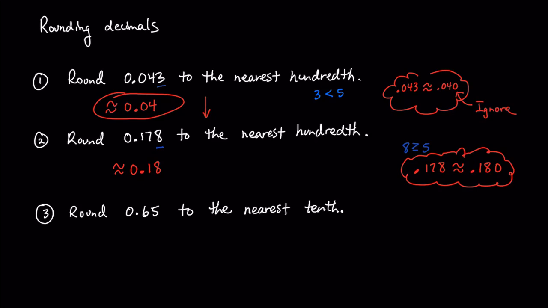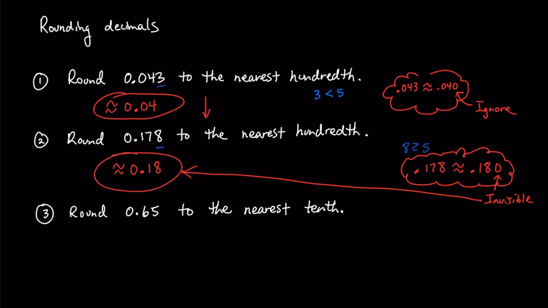Unfortunately, we don't read that invisible 0, so this is going to be invisible now. And now we've rewritten the decimal number in the hundredths place.